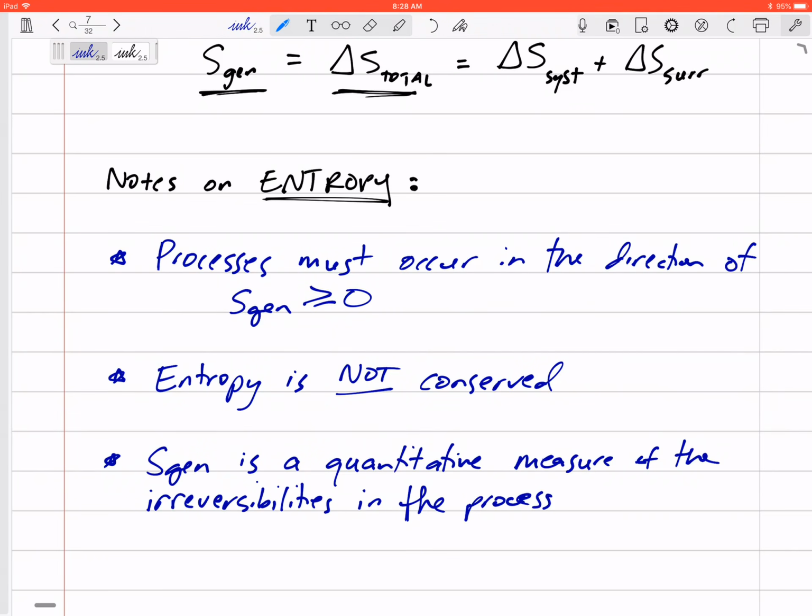That S-gen term is a measure of irreversibilities, and we can get a number for that now. We can calculate S-gen, and that is a quantitative measure of how irreversible it is, or maybe how close to being reversible, how close to being a Carnot, how close to being our ideal it is. That's what we can use that S-gen term for.